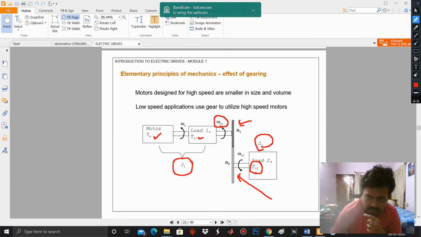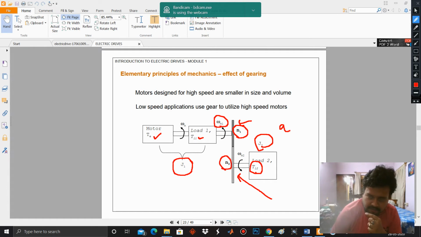So now our first observation is, if this is the direction of rotation of load 1, then load 2 will move in the opposite direction. This is common physics. Let the number of teeth of the first gear be N1 and the number of teeth of the second gear be N2.